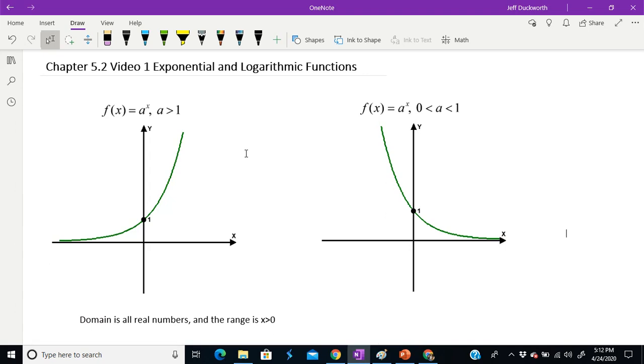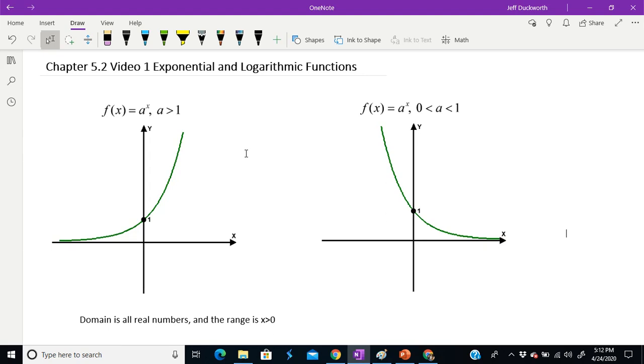And if we have a number between 0 and 1, it goes down. Essentially, a number between 0 and 1 is some sort of fraction, some sort of rational number that's smaller than 1. And as we increase essentially the denominator, we get closer and closer to 0. So think of kind of like the function of 1 over x. That'll give you an idea of how that works on the end form.